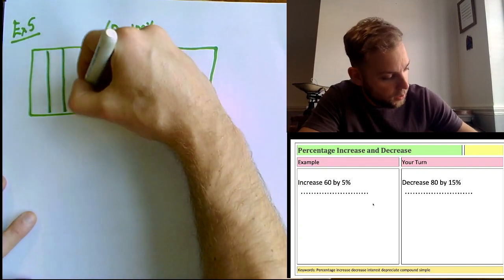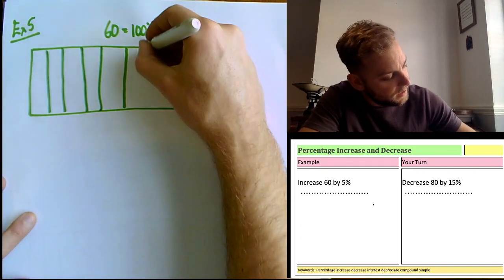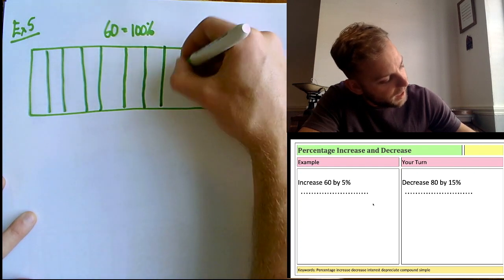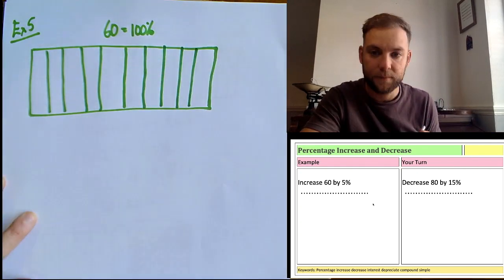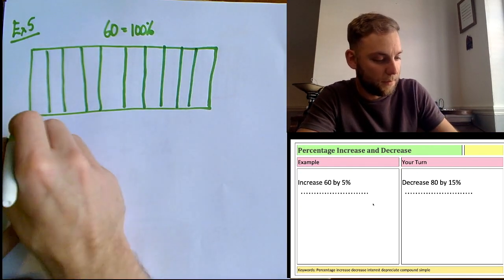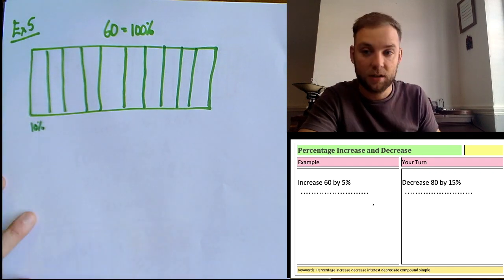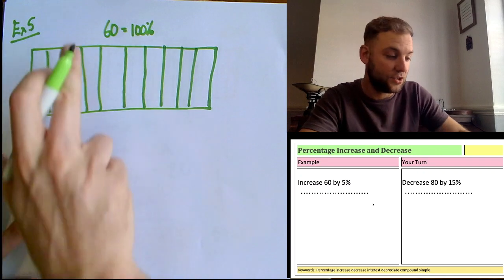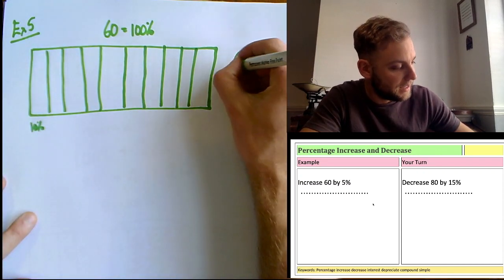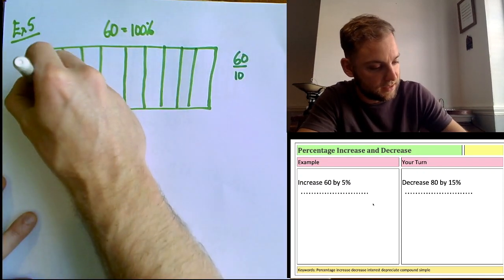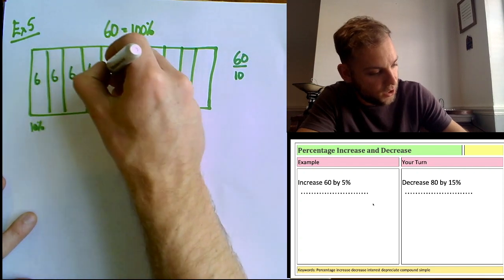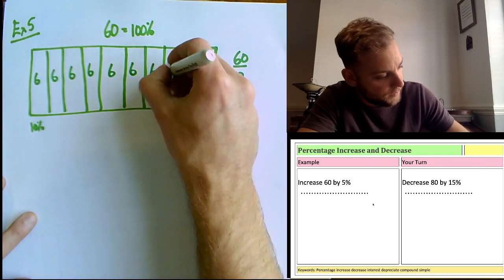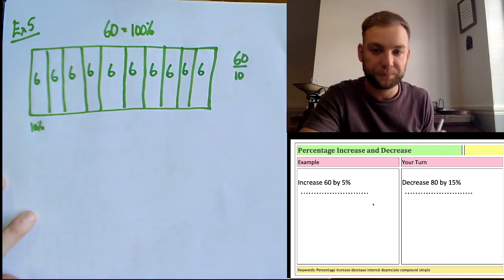Brilliant. So remember these are worth 10% each. So let's work out now what each of these sections are worth by doing 60 divided by 10, which is 6. So all of these are worth 6.